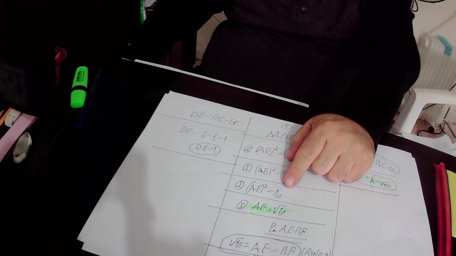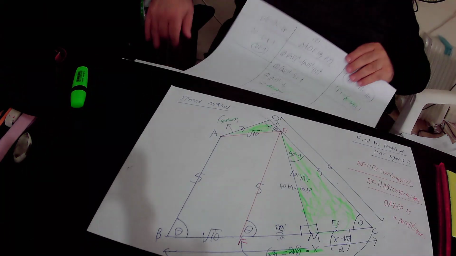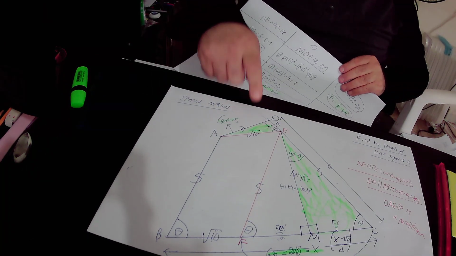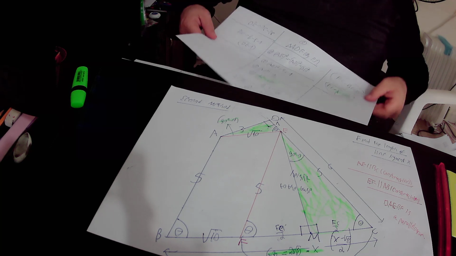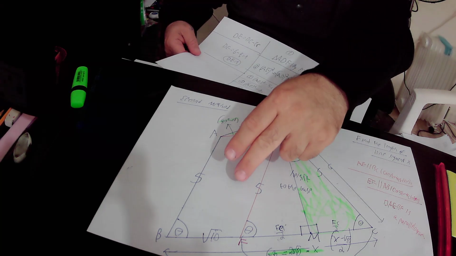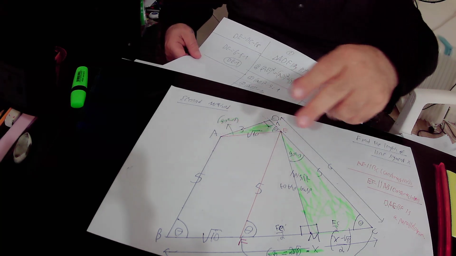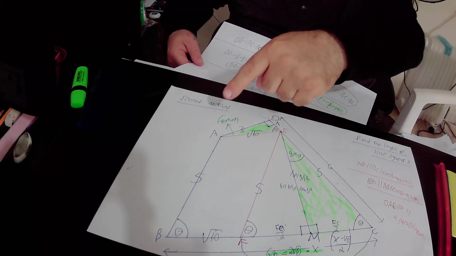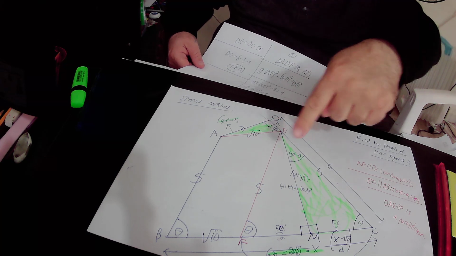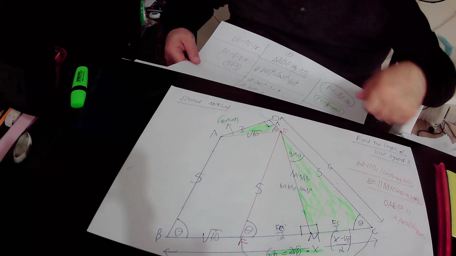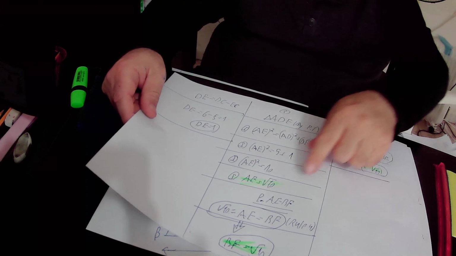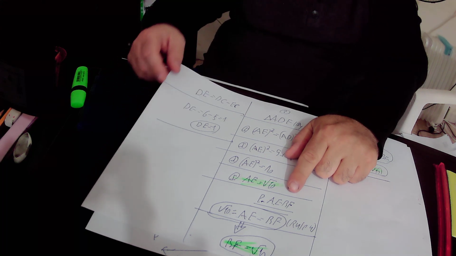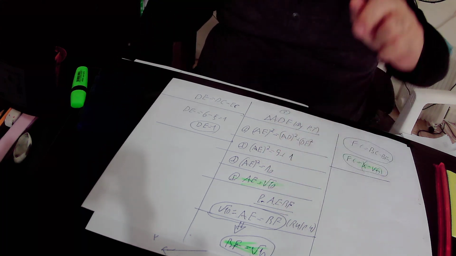From equation number 1, we found that AE equals the square root of 10 units. Then we implemented rule number 4 in the parallelogram AEBF, that the opposite sides of a parallelogram are equal to each other. That is to say, AE equals BF.